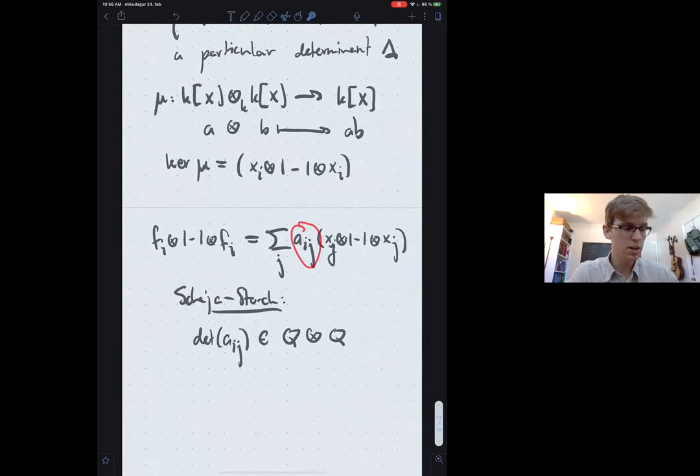There are all sorts of ways that you could write down this sum. There's not a unique way to do it. But once you pass to this quotient, whatever choices you made didn't matter when you're computing this determinant. So this does not depend on your choices of a_ij.